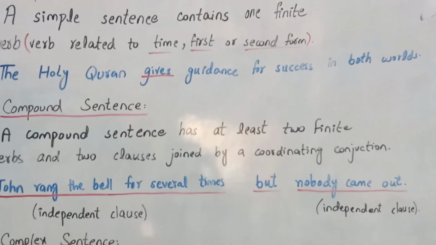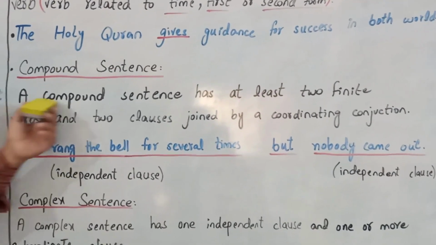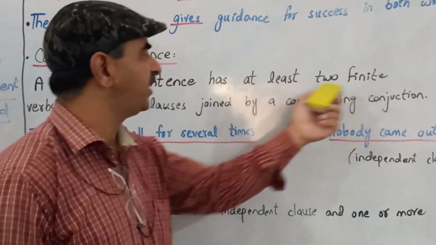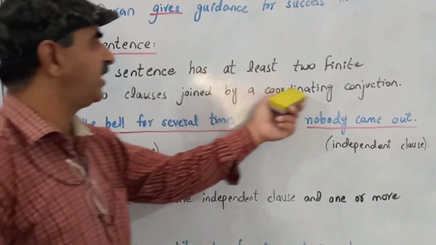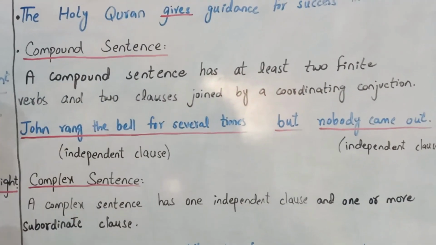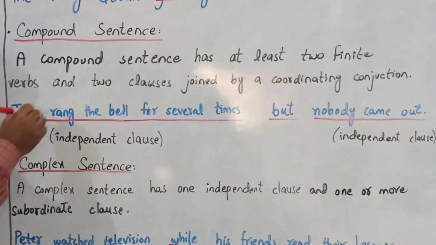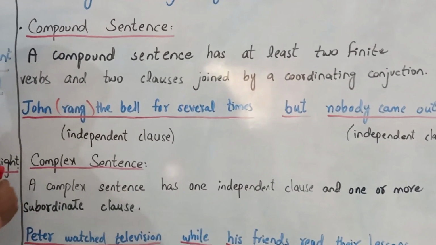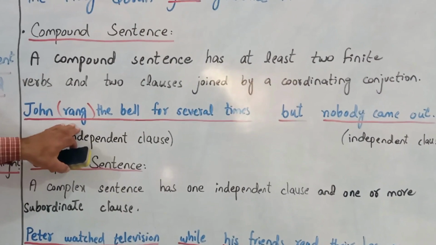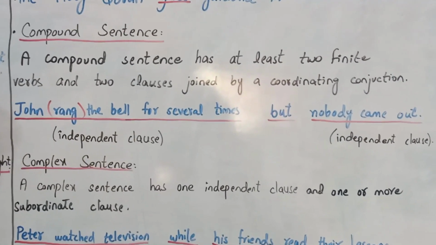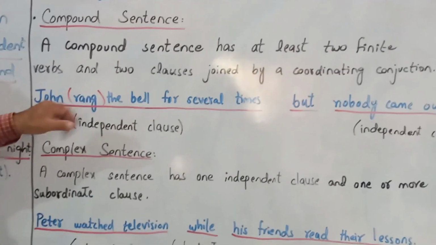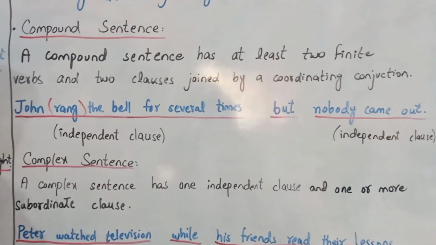Okay. Next one, compound sentence. A compound sentence has at least two finite verbs joined by a coordinating conjunction. For example, this is rang, one finite verb. What is the first form of rang? Ring, rang, rung. Clear? It has got second form and third form, rung.